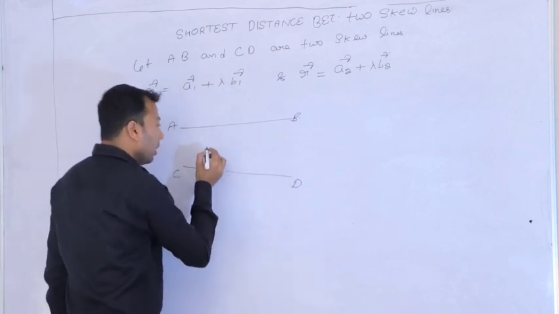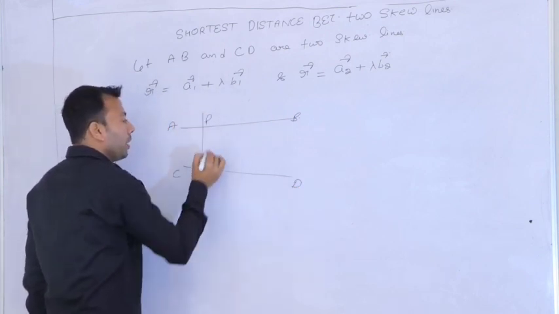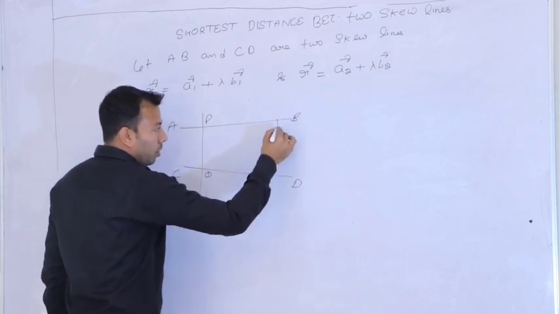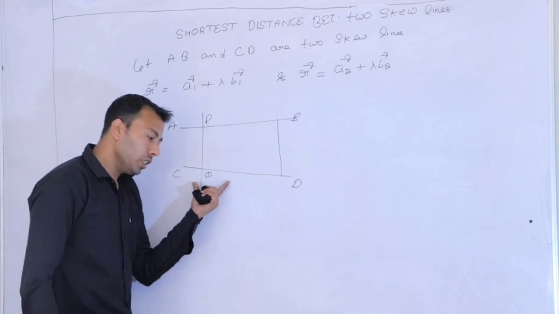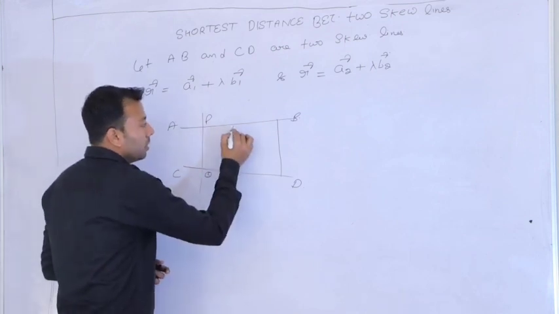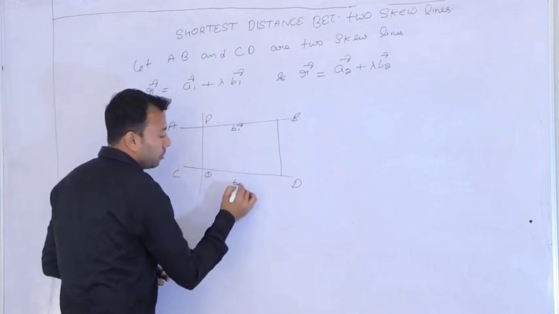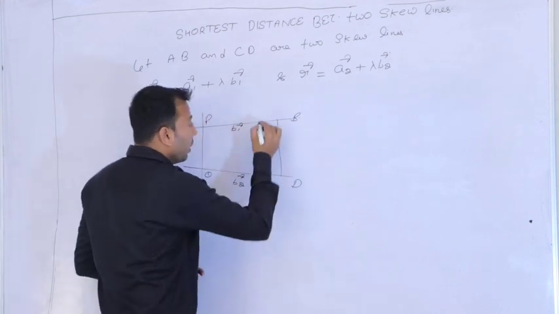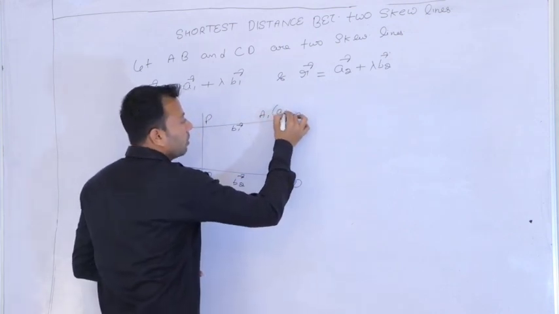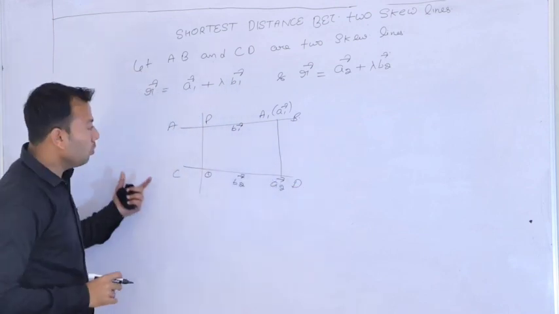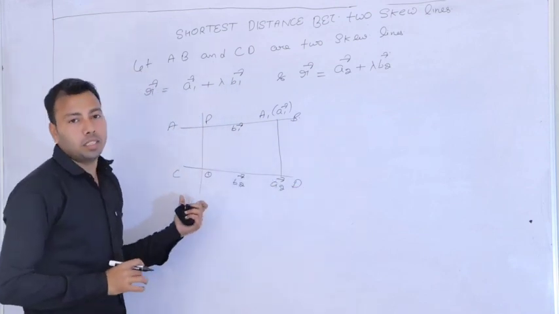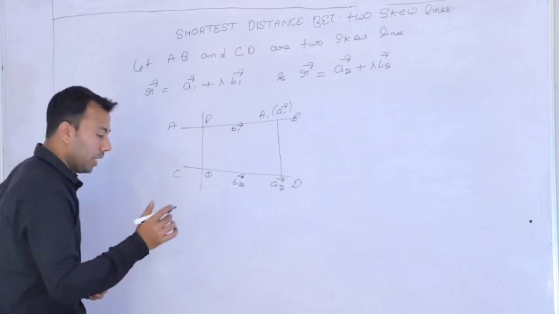Draw a perpendicular PQ. PQ is the shortest distance between these two skew lines, with vectors b1, b2, a1, a2. So, how to calculate the shortest distance between these two lines?